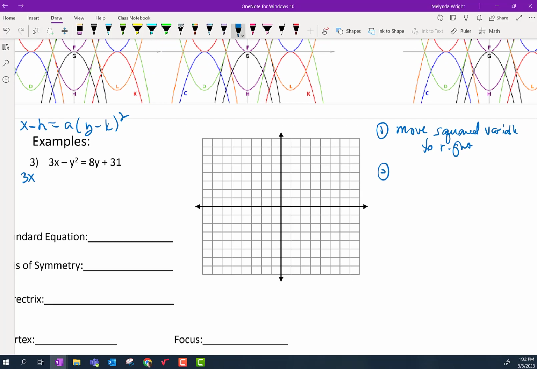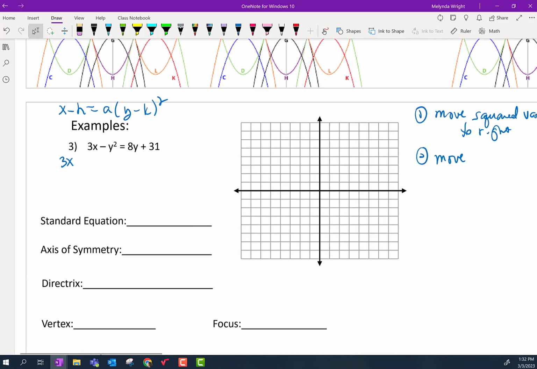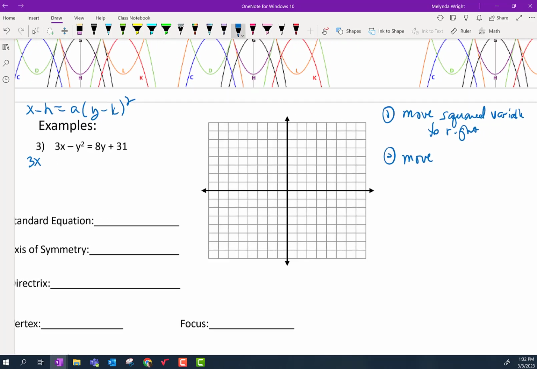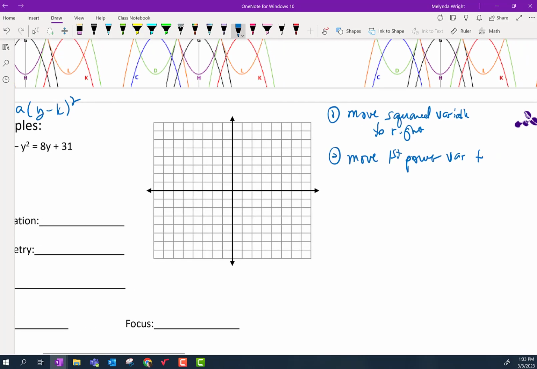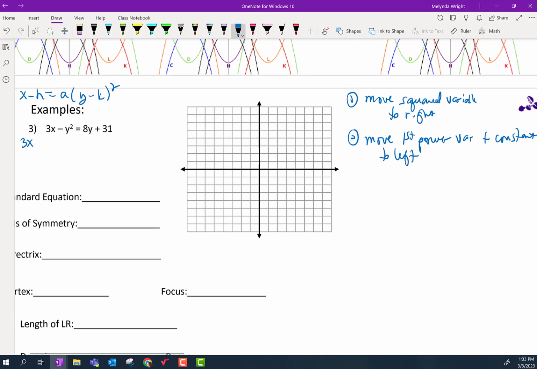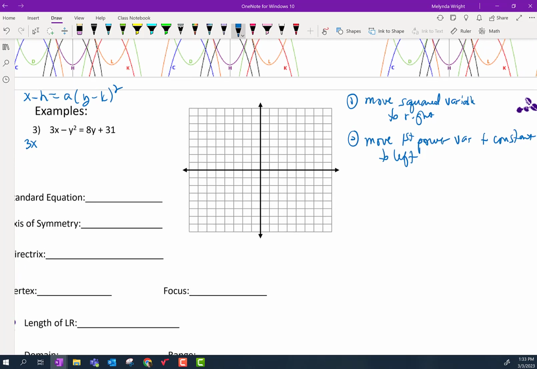Number 2, move first power variable plus constant to left. Okay, that's for parabolas. We move the squared variable and its little brothers, sisters, whatever, to the right. We move the first power, like x to the first, and the constant to the left.